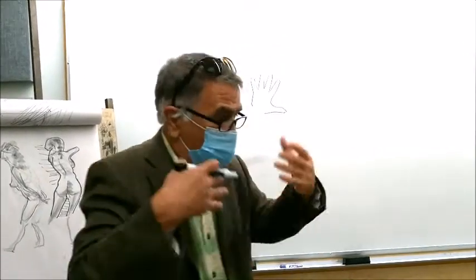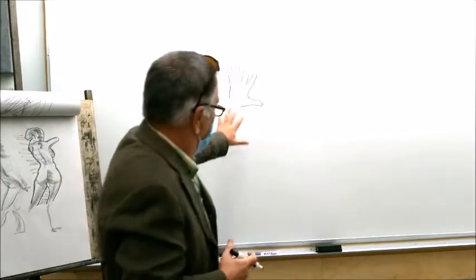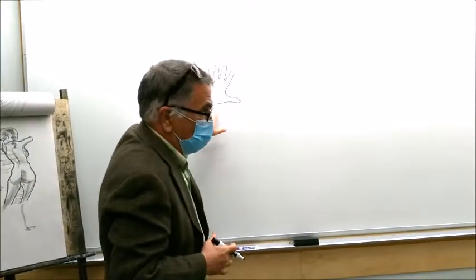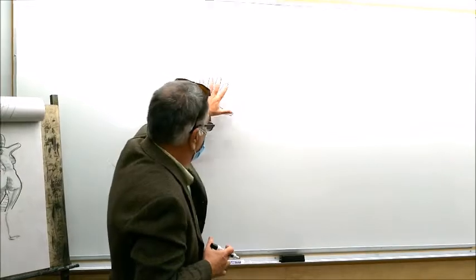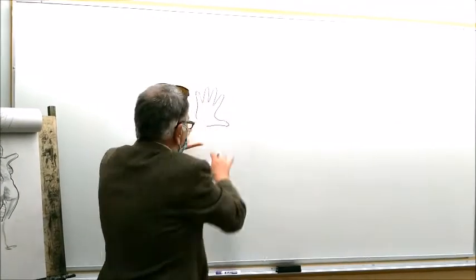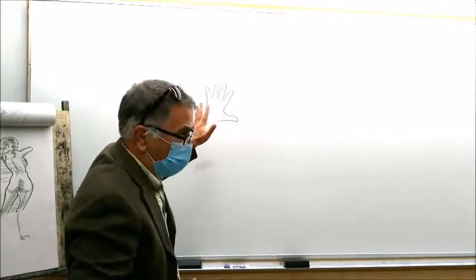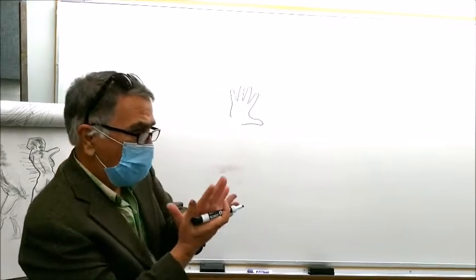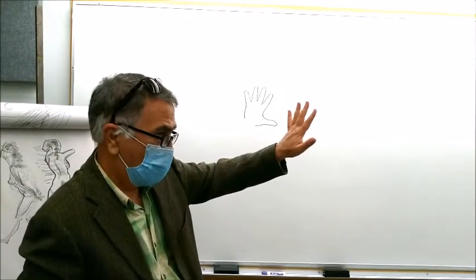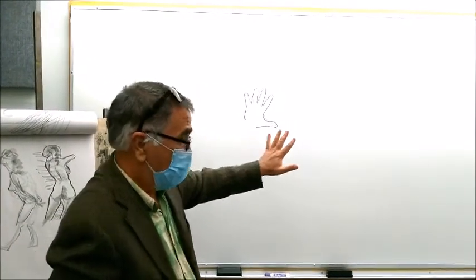What negative space drawing does to you is similar to what I am doing by the board. The board shows you the flat aspect, the 2D aspect of my hand, which is 3D.